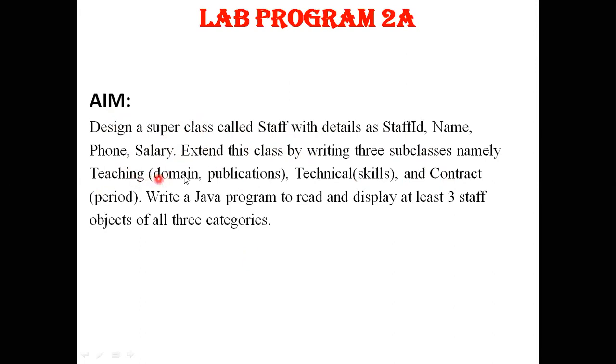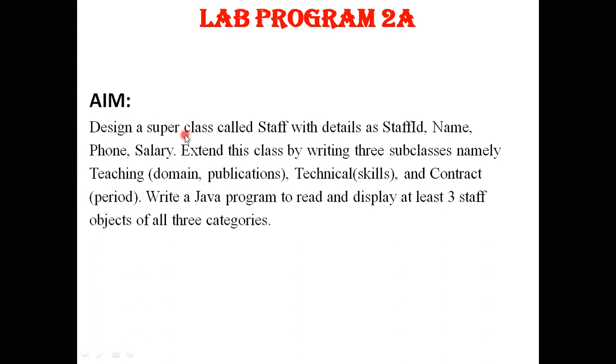wherein teaching has two attributes or two data members, domain and publications. Technical has skills and contract has another data member, called period. So this program basically gives us an idea of creating a superclass as well as subclasses and the type of inheritance involved with this particular superclass as well as the subclasses.